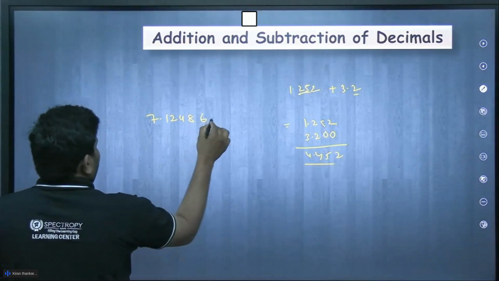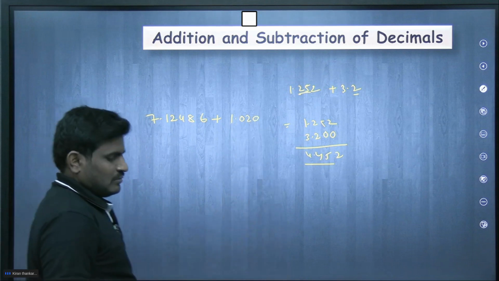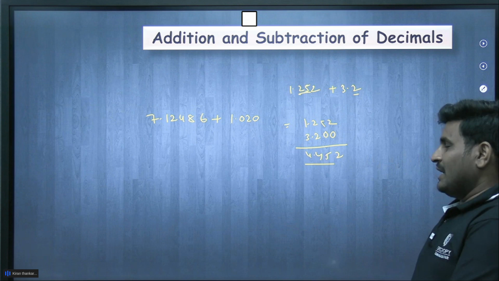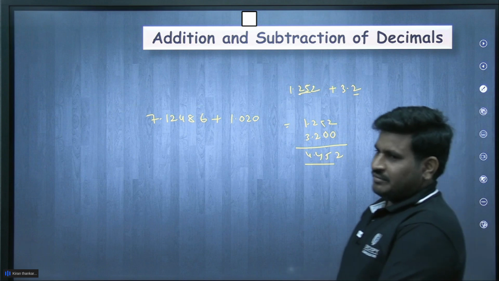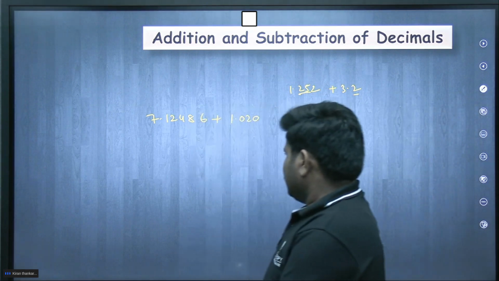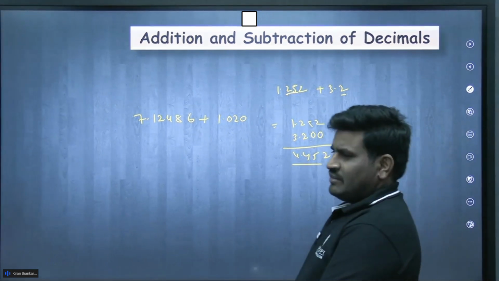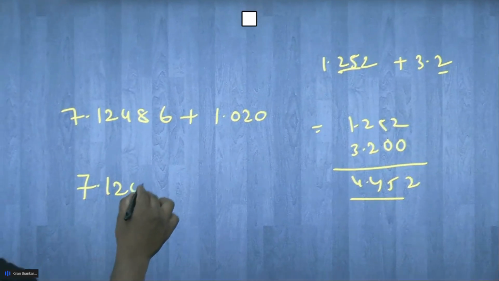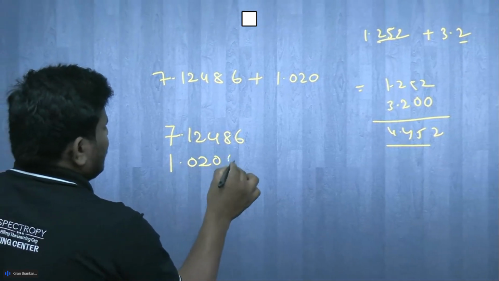Take this question: 7.12486 plus 1.020. The first term is 7.12486 and the second term is 1.02000.